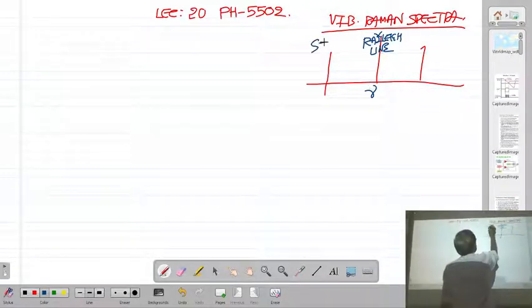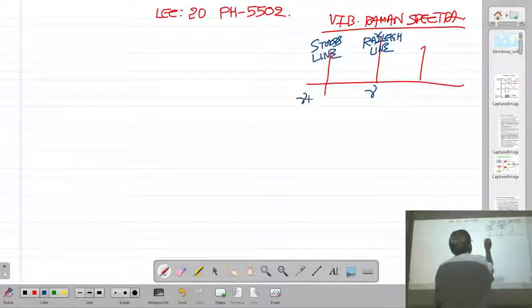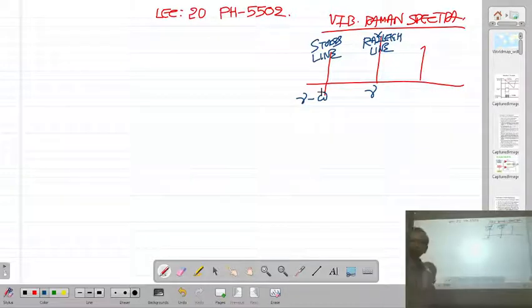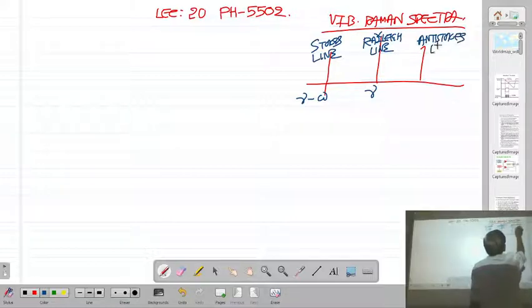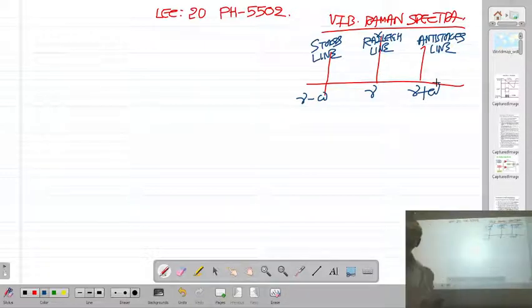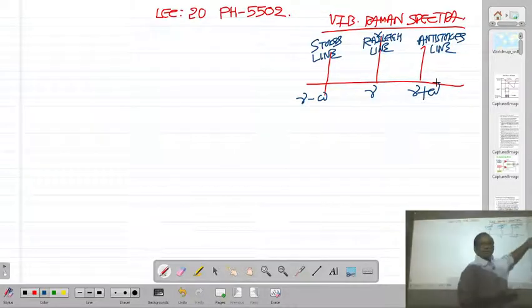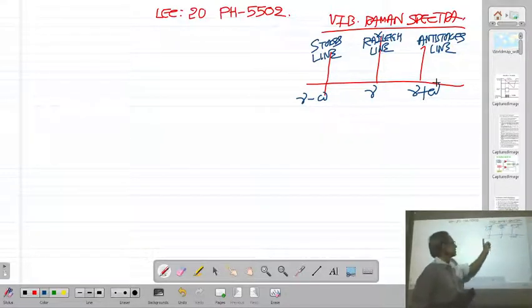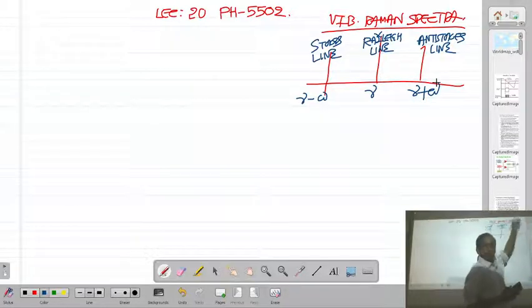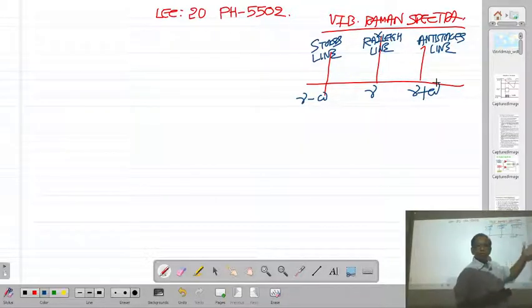Then the Stokes Raman line is obtained at wave number nu minus omega, and the anti-Stokes Raman line is obtained at wave number nu plus omega.